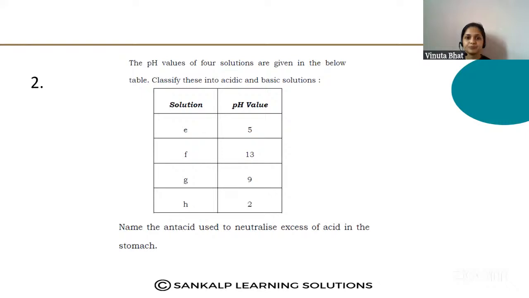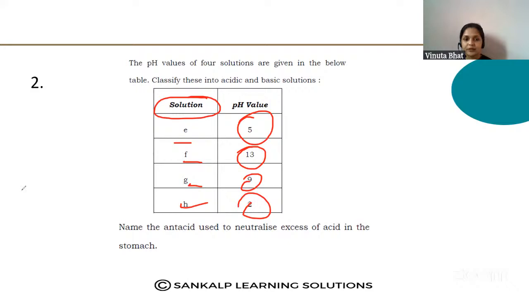Next question. The pH values of 4 solutions are given below, and classify them into acidic and basic solution. Here a solution is given EFGH, with pH values 5, 13, 9, 2.